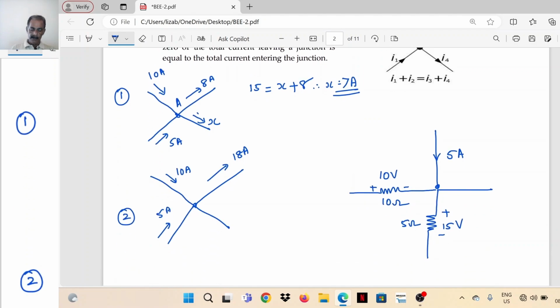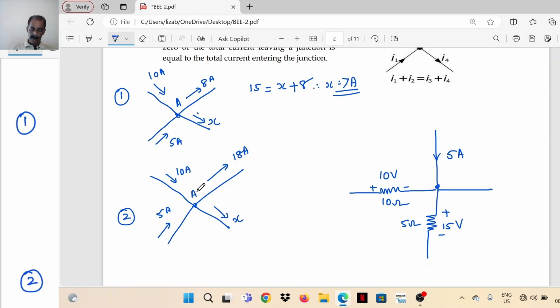Another example. Again, 10 and 5 ampere, two currents are coming to the junction A. A current of 18 ampere is going out of junction A. Again, I am assuming an outgoing current of X ampere.